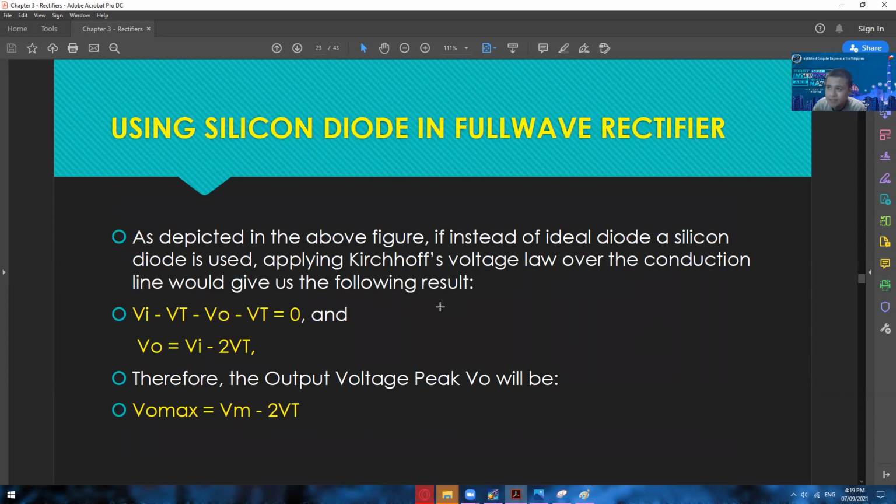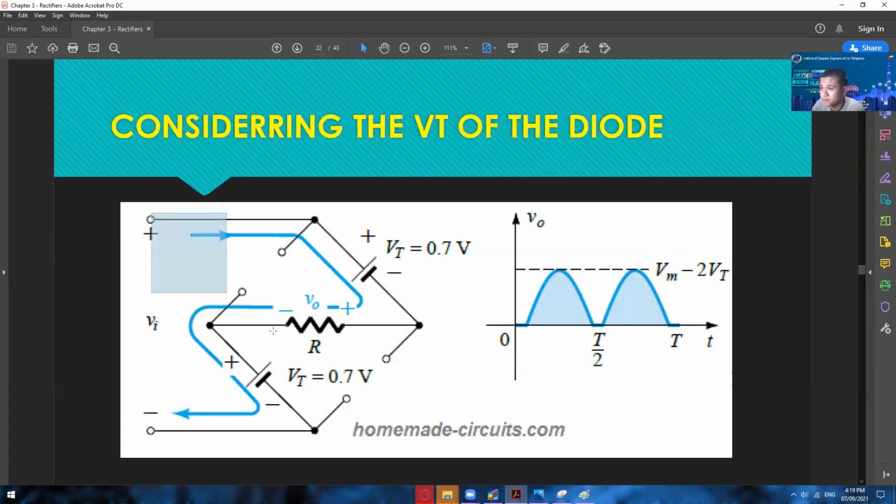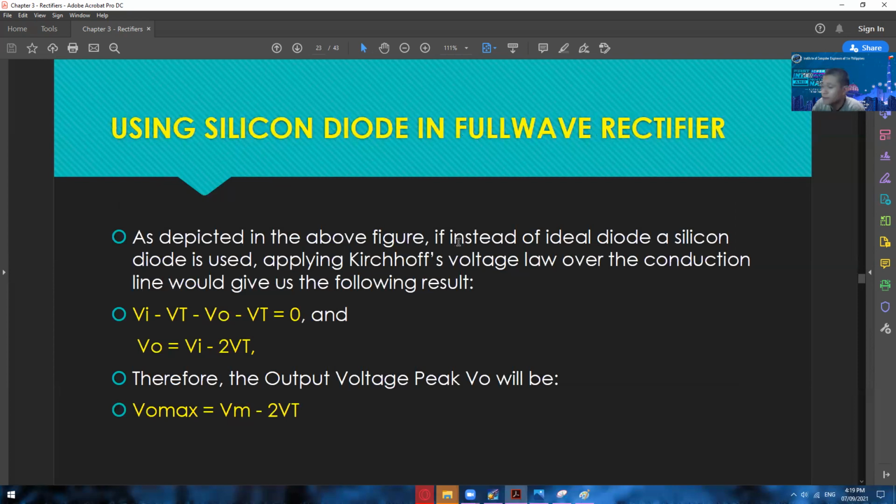Okay, so using silicon diode in a full wave rectifier. Here's the computation, or how you get the expression itself. We have this one as depicted in the above figure. If instead of an ideal diode, a silicon diode is used, applying Kirchhoff's voltage law over the conduction line would give us the following result.